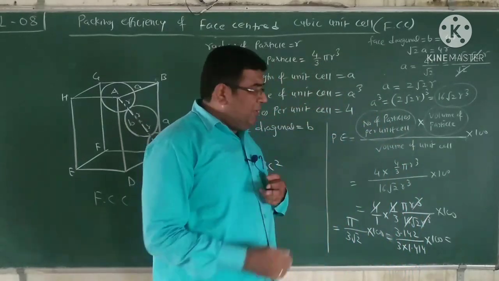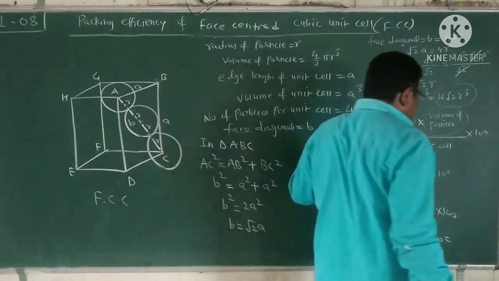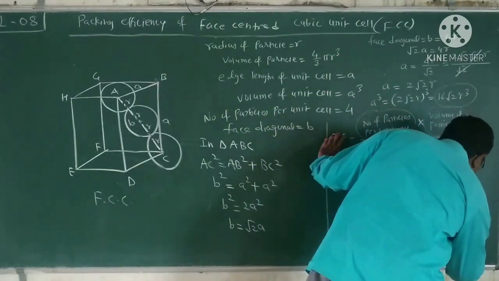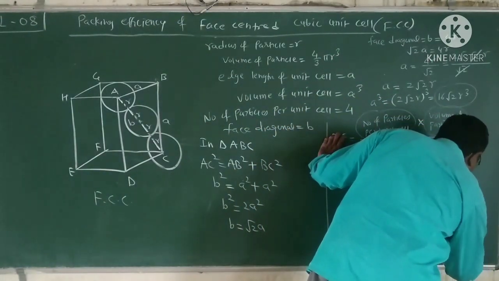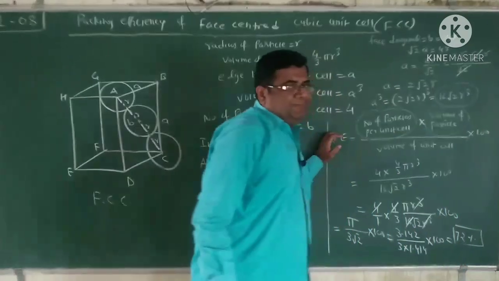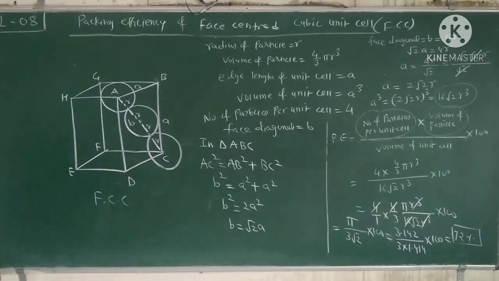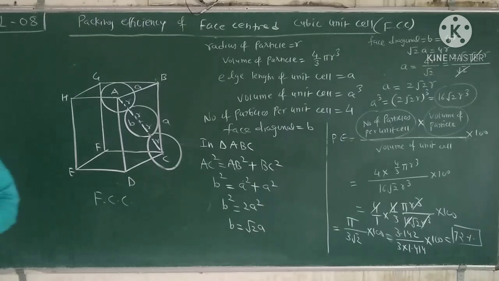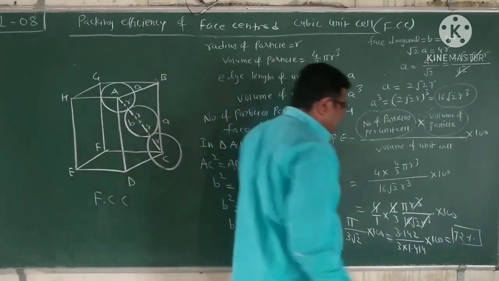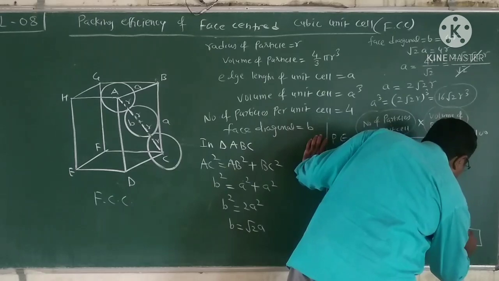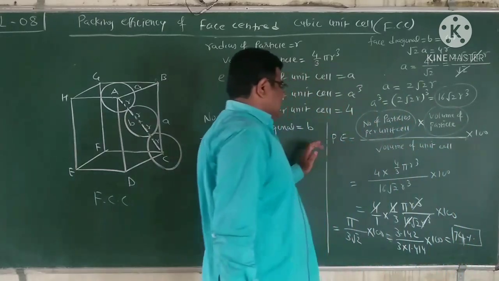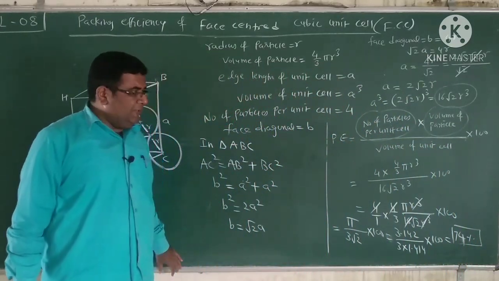And this we have to remember, this is equal to 74%. 74.03 will come, and we can just round it off to 74%. Anyway, you can calculate this.